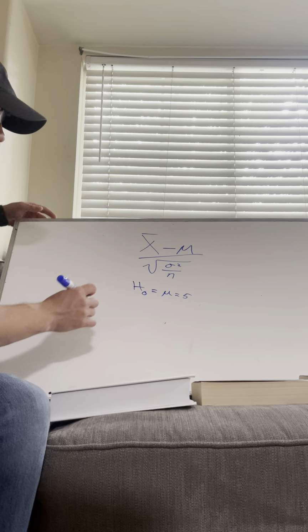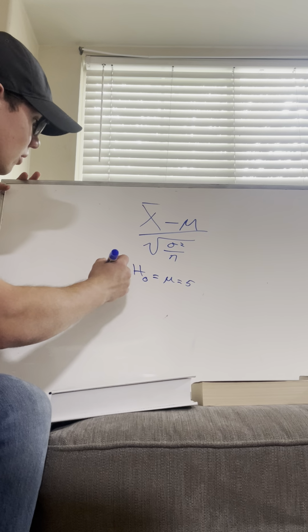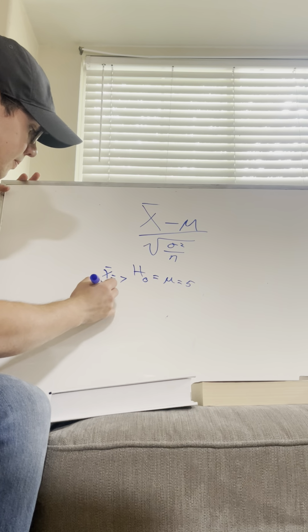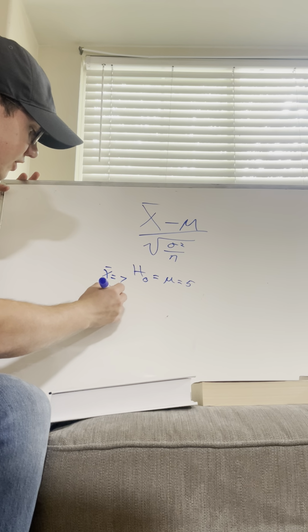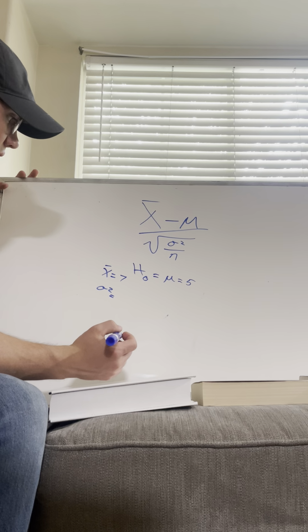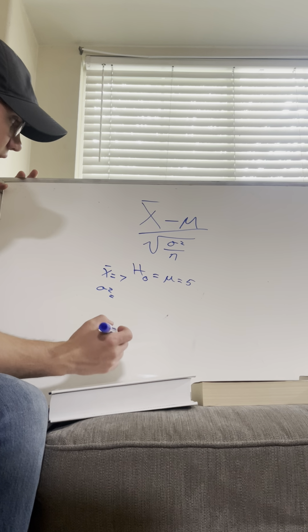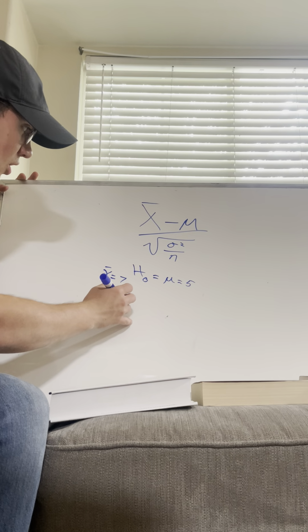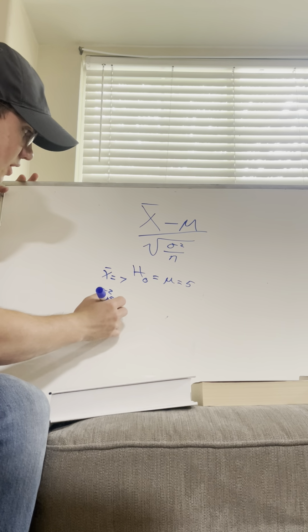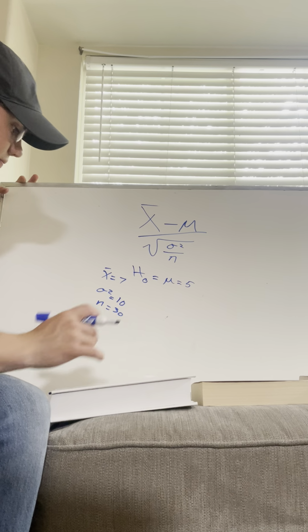So let's just say, for the sake of this example, that x bar equals 7, that sigma squared equals 10, and n equals 30.